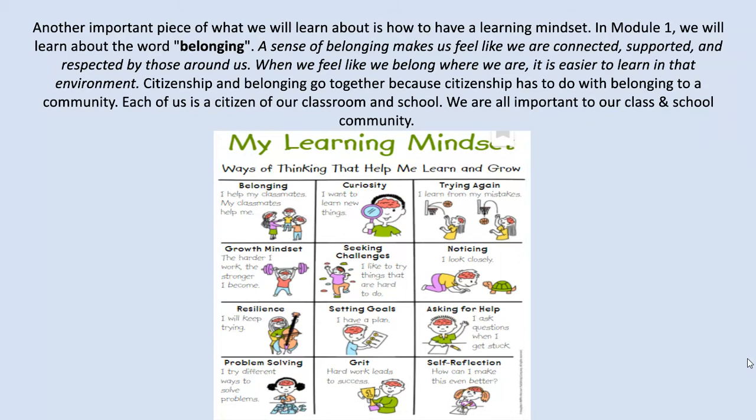We have a school community that we're building, and we're all a citizen of that school community as well. And being a citizen means that we are all important to our community. So we are important to our classroom community, our school community, our neighborhood community, our city, our town communities. So that's how belonging and citizenship go together.